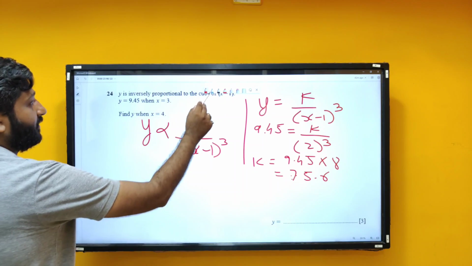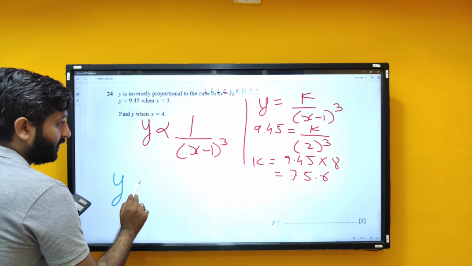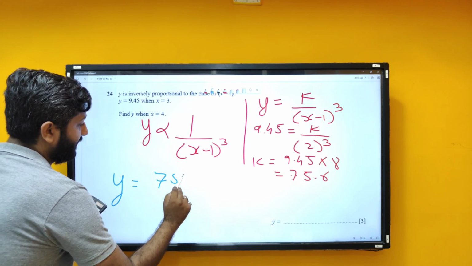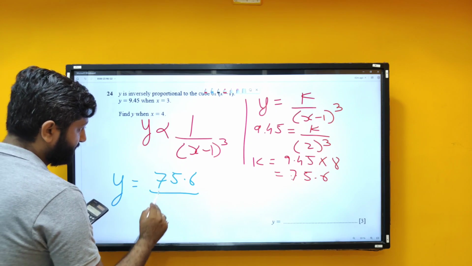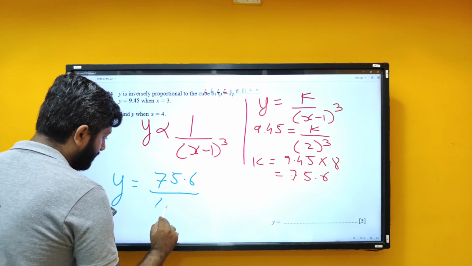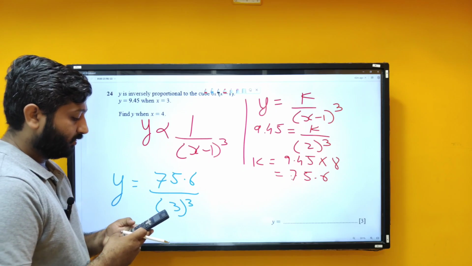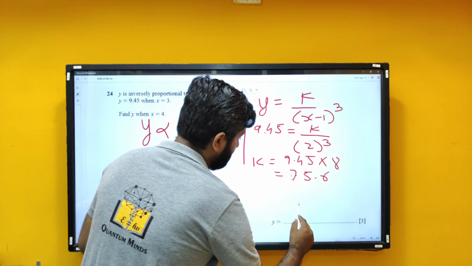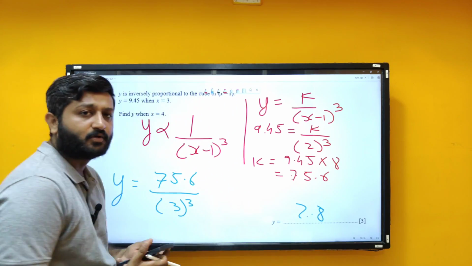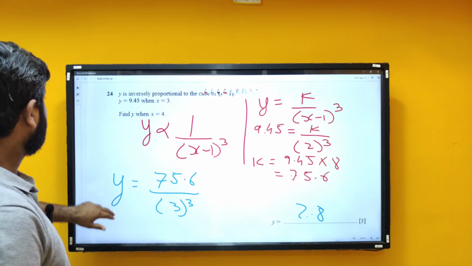So now we are supposed to find y when k is 75.6 and x is 4 minus 1, so 3 cube. So divide by 27. So the answer is y is 2.8. Next question.